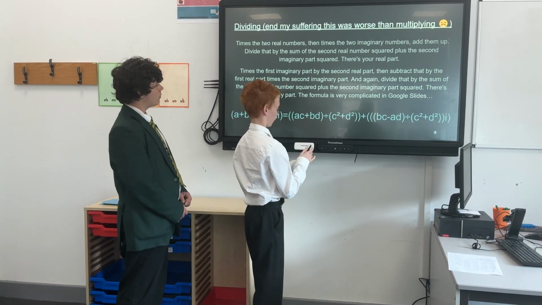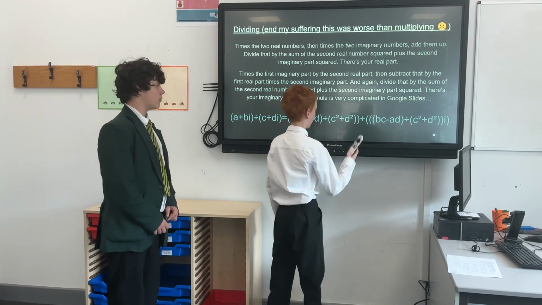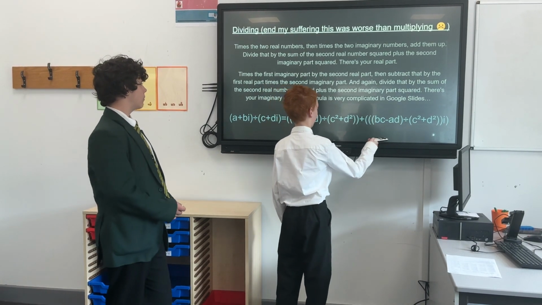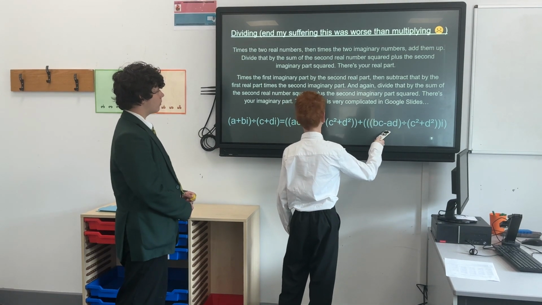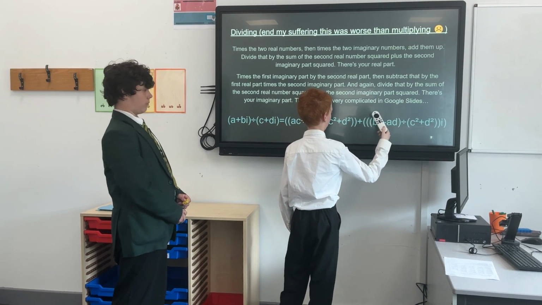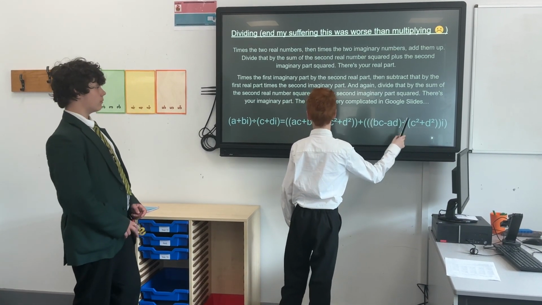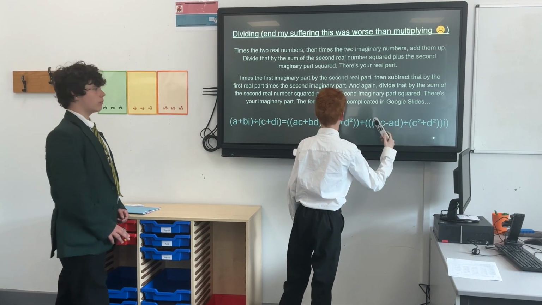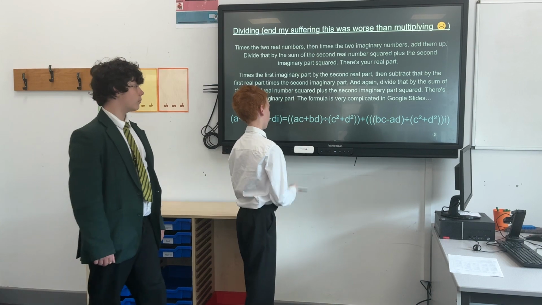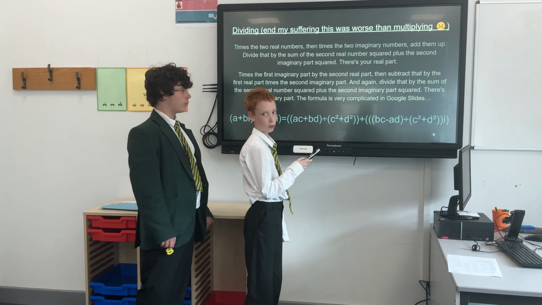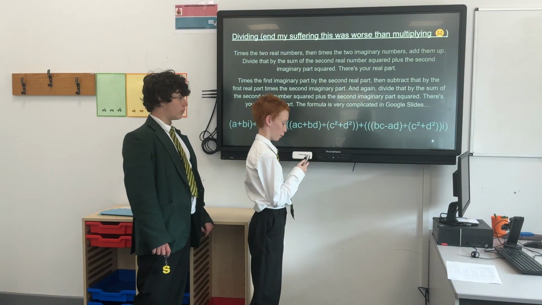To find the imaginary part, you times the first imaginary part by the second real part, then subtract that by the first real part times the second imaginary part, and again divide that by the sum of the second real number squared plus the second imaginary part squared. There's your imaginary part. The formula is very complicated because it's in Google Slides, because I was too lazy to do it in PowerPoint.